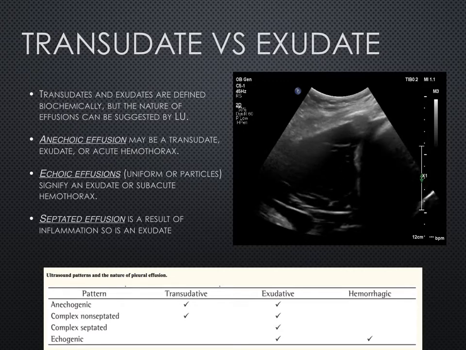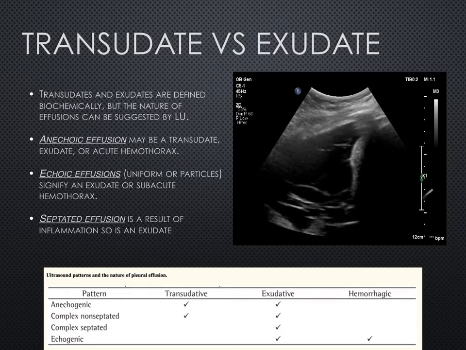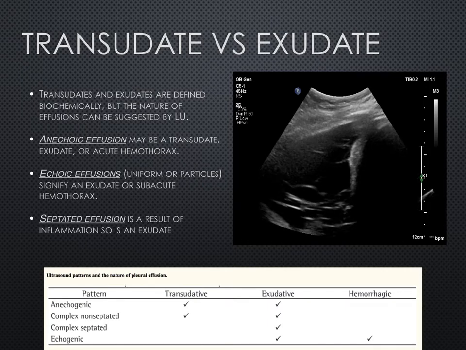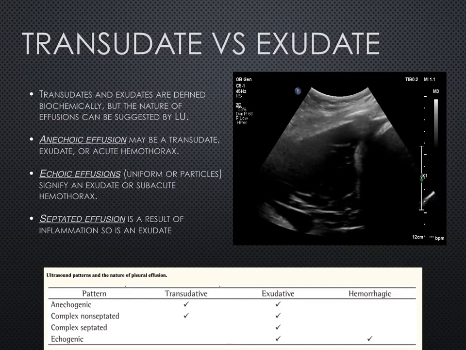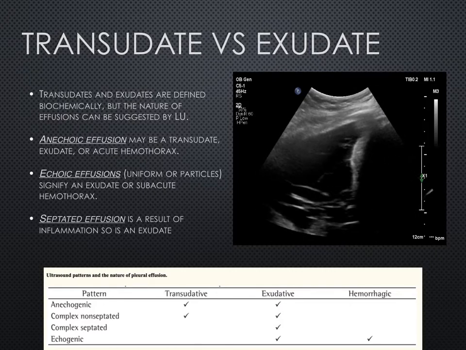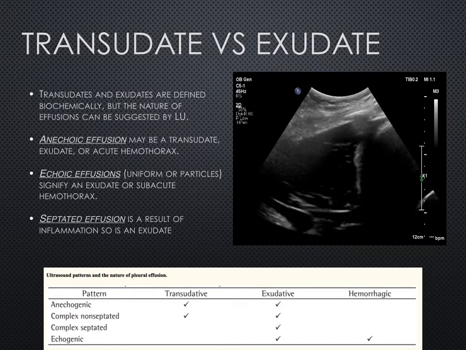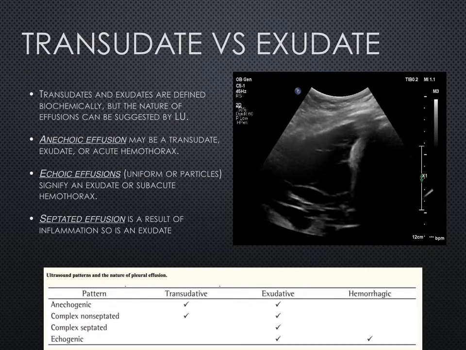It's probably more of a transudate type of substance. Although you're not able to define whether that is fluid or blood, what you can say is that it's not started to hemolyze in any way, and it doesn't look to be an infected type of fluid.